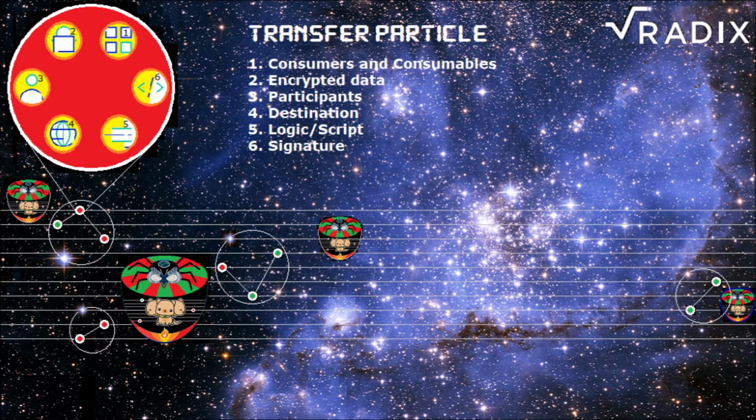The transfer particle consists of consumers and consumables, encrypted data, participants, destination, logic or script, and signature. A transfer particle has data on the amount being transacted, the token, who the receivers are, and so on.